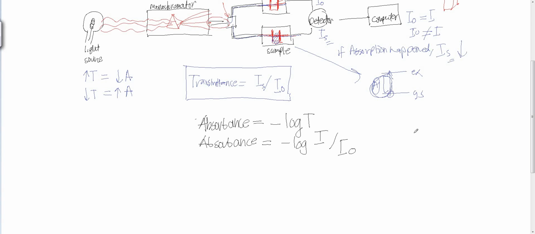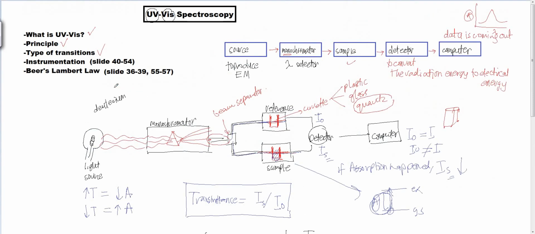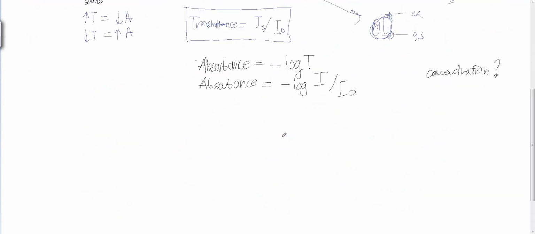But you know that the purpose of doing all this, for example, when we talk about caffeine, is that you want to know the concentration, right? How much caffeine there is. So how do we relate it? We already know the correlation between absorbance and transmittance, but what happens with absorbance and concentration? That's why we have to go for the Beer-Lambert law.